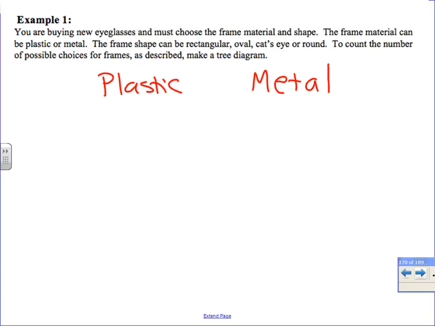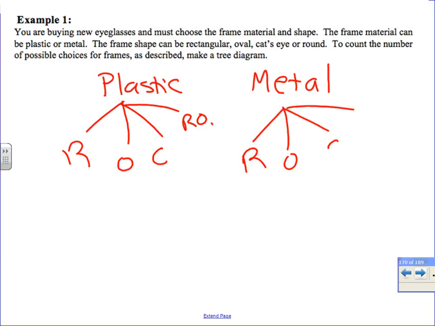Briar? Awesome. So I'm just going to abbreviate. How many possible outcomes are there, Doug? Good. So we get 8 possible outcomes by just counting on the tree diagram.